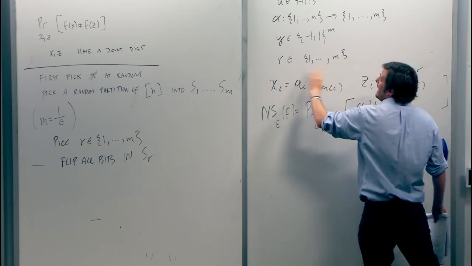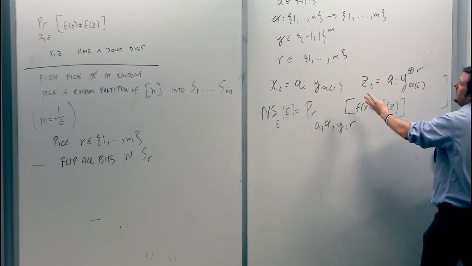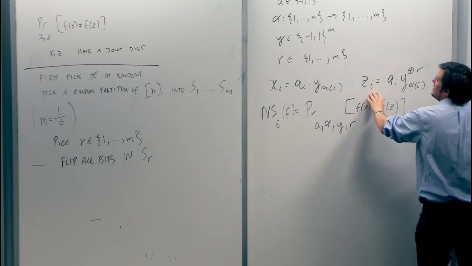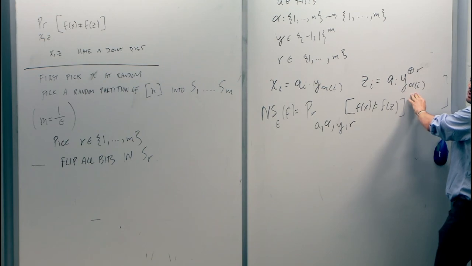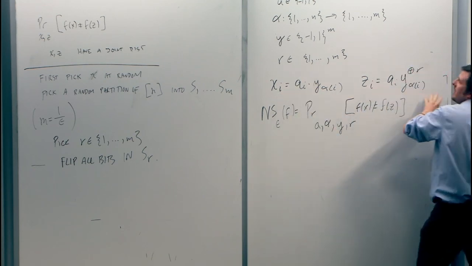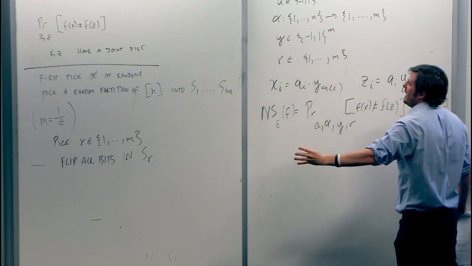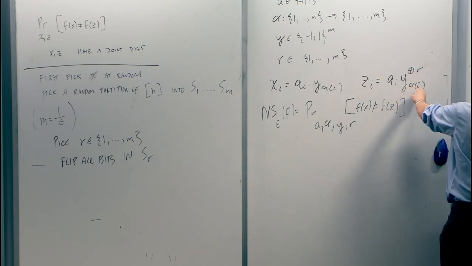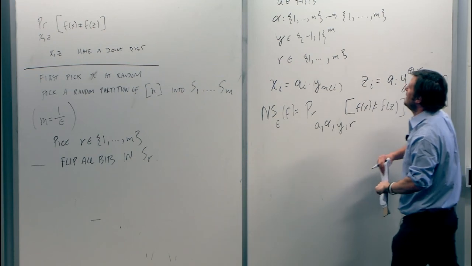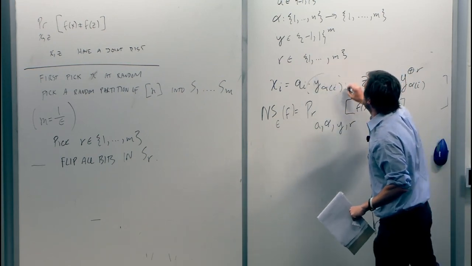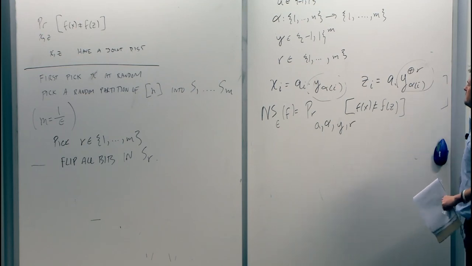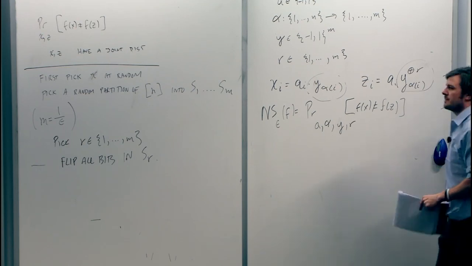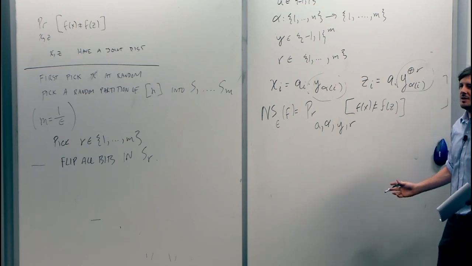So x here is still uniformly distributed over minus 1 to the n, and z is going to be the same as x, but one bucket is going to have its bits flipped. So these distributions really are the same as just a random x and a perturbation. We're introducing these new fake variables that tell you which bits to flip. Everybody okay with this so far? Maybe you see how to do it already.